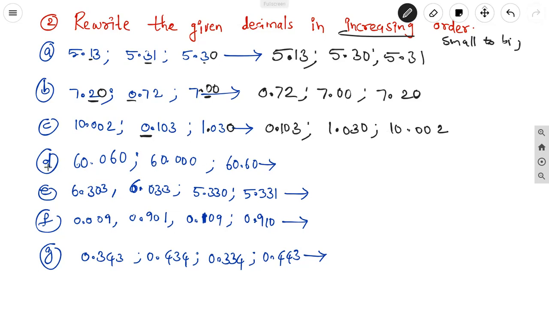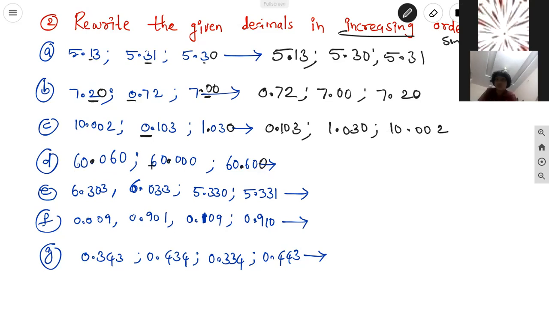Then the fourth one, 60.060, 60.000, 60.60, make into like decimal. Put right end 0. Here compare the whole part, 60, 60, 60, same. Next compare the 10th digit. Here 0, here 0 is there. It is 6, it's greater number.